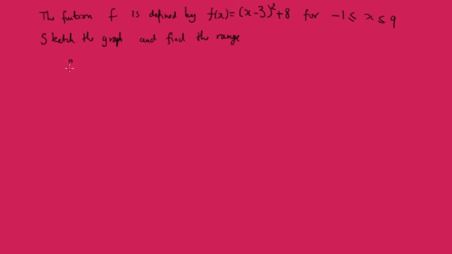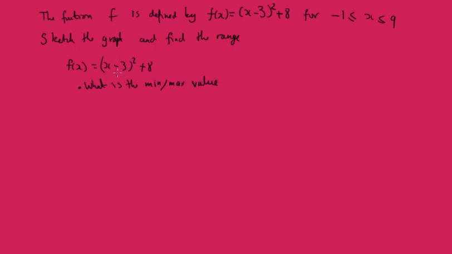So we've got f of x equals x minus 3 squared plus 8. Now, it's a quadratic. So when you see a quadratic, ask yourself, what is the minimum or maximum value?